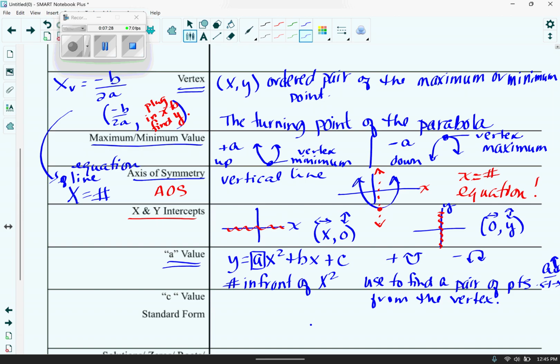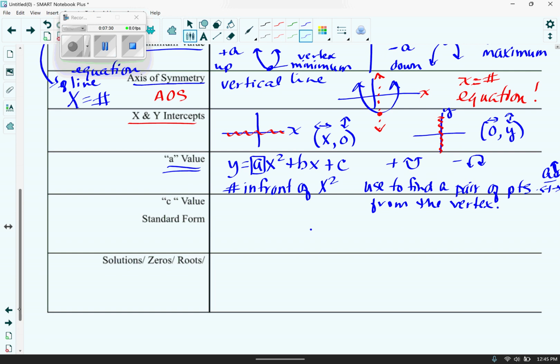Then we have the c value. The c value in standard form, again, that's your y equals ax squared plus bx plus c. The c value is your constant.